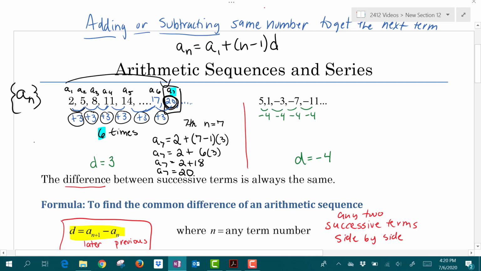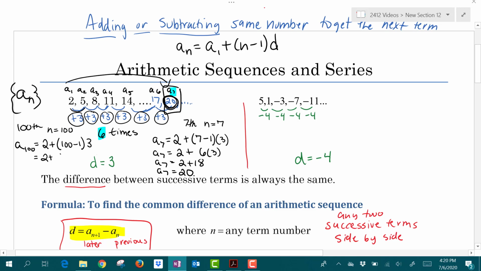What if I wanted to find the 100th term of the sequence? In order to do that, very quickly, I could just take that formula, set n equal to 100. So a sub 100, or the 100th term of the sequence, will have a value of 2, the first term of the sequence, plus 100 minus 1 times the common difference of 3.